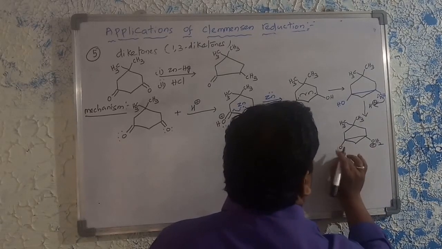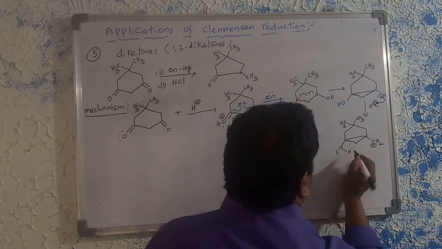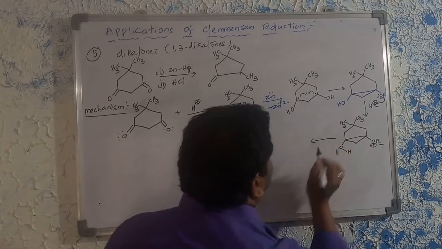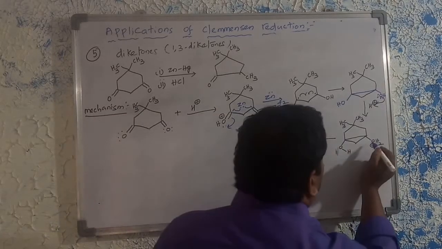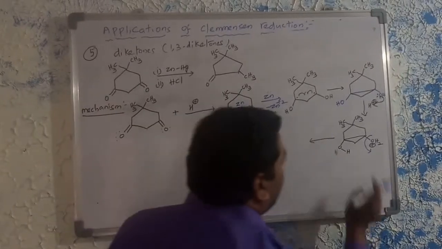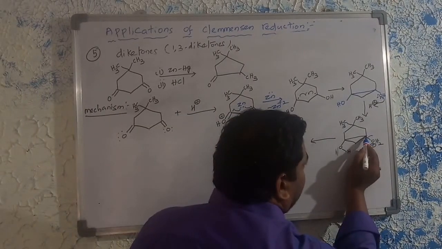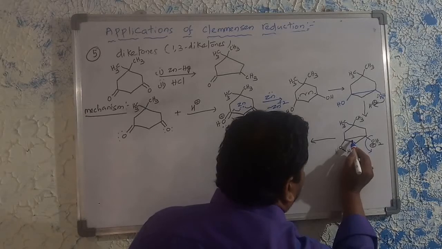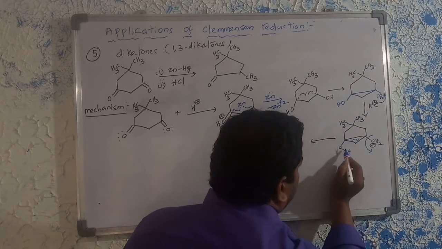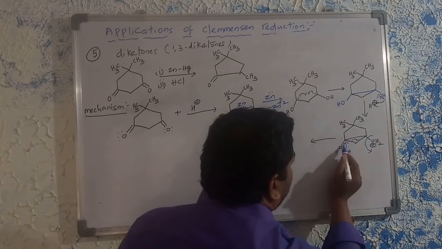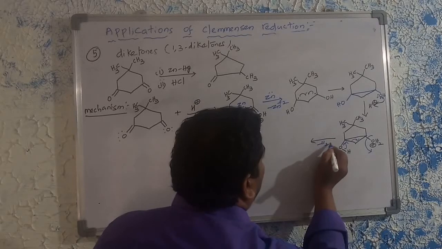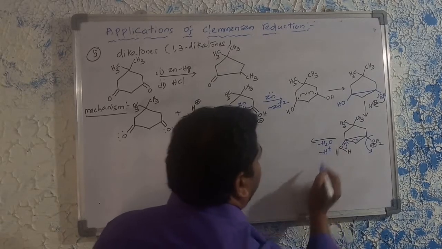This is OH. Next, what will happen in this reaction? It leaves a water molecule. So this carbon gets a positive charge. Therefore the bond is shifted to here. This carbon gets a positive charge, so this bond is shifted to here. So it leaves a water molecule and H plus.